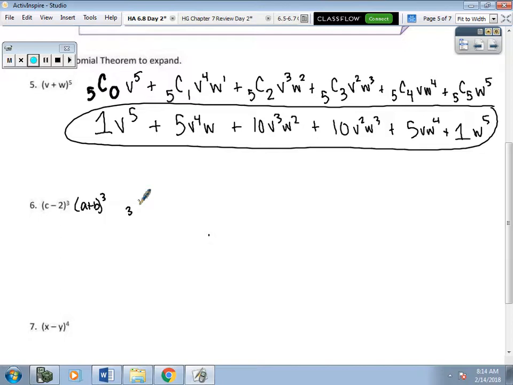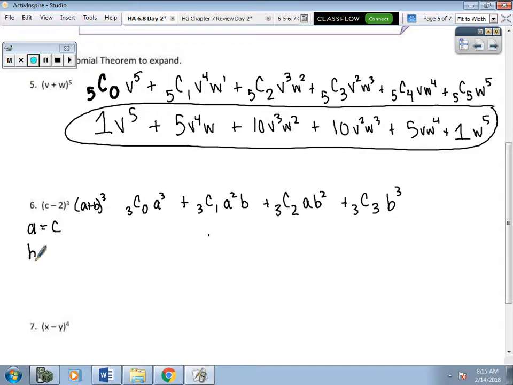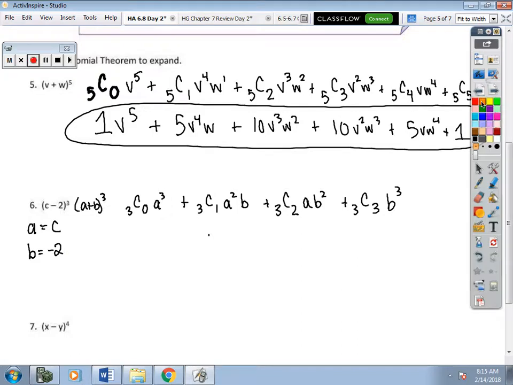So this would be 3c0 a cubed plus 3c1 a squared b plus 3c2 a b squared and plus 3c3 b cubed, if this were a's and b's. And then we can substitute in that our a variable is actually c, and our b variable, make sure you plug in a -2. Pay attention to your signs when you square or cube them.